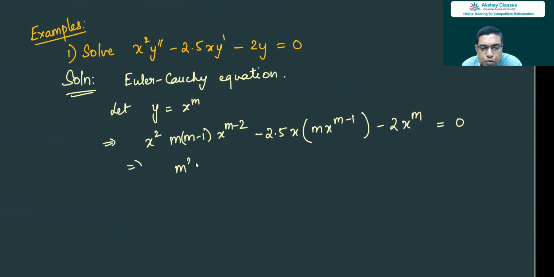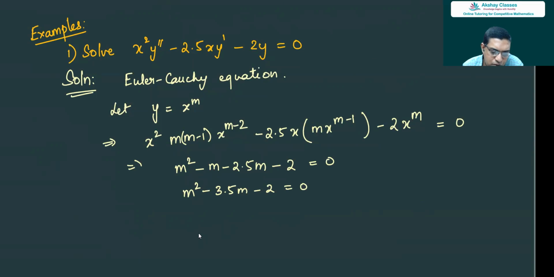We have m square minus m and minus 2.5m minus 2. So m square minus 3.5m minus 2 equal to 0. So let us multiply this throughout by 2: 2m square minus 7m minus 4.